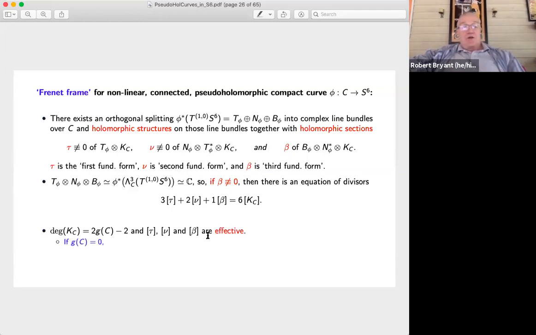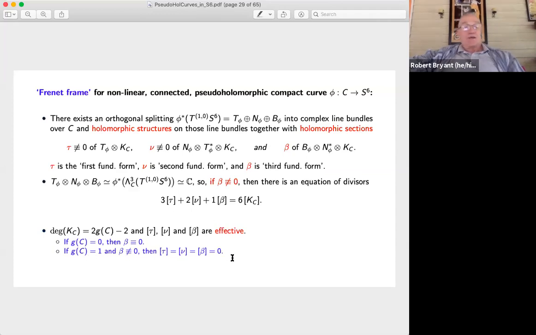So in particular, if the genus is 0, that is, if it's a rational curve, that is C is P1, then this side is negative, whereas this side is necessarily effective, so beta had to be 0. In that case, this third fundamental form has to vanish. If the genus is 1, then this side is 0, and if beta is not 0, then in fact there can't be any ramification at any order for the curve.